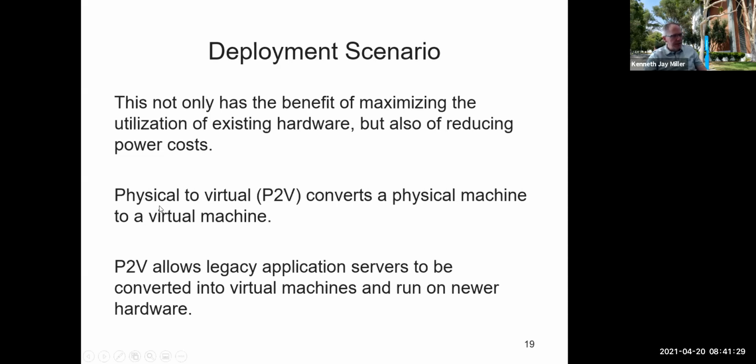And then another scenario is to go physical to virtual, for which there are tools you can download, and you can just point it at a physical machine, and it will take that machine and suck it into the virtual environment, and now you have a VM of it. So this is a really good way to take a machine that's dedicated for certain purposes. Say there's a machine in your finance office that prints out a report, but it's only done once a year, right?